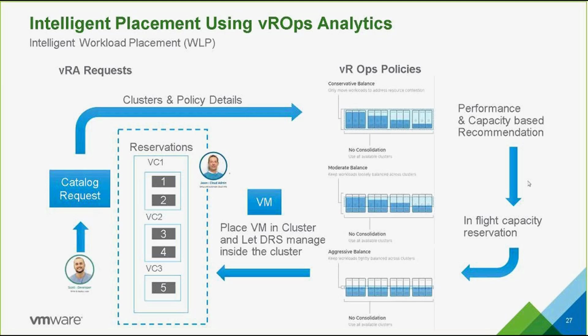If VRA owns that machine and has a strict policy of the resources that are available to the user who owns that machine as well, vROps isn't going to override that. It sounds way more complicated than it is, but all you have to know is when I request a machine, it gets placed intelligently by vROps to available resources, and it continues to be managed based on the policies at play. Okay?